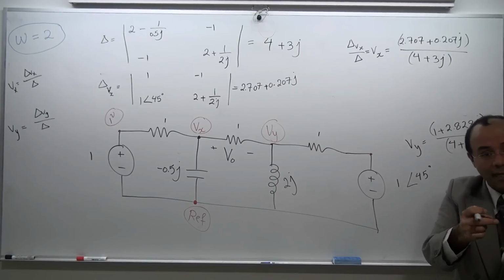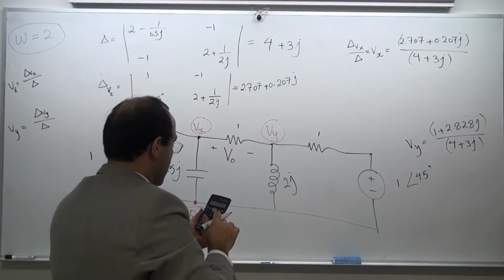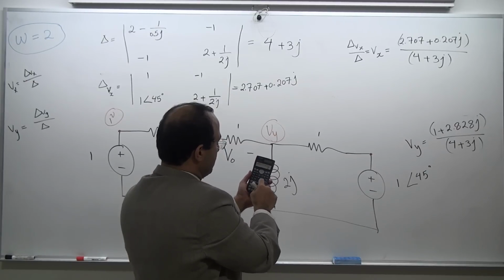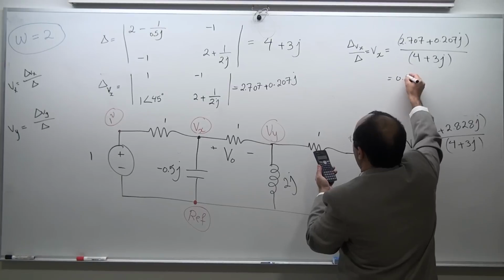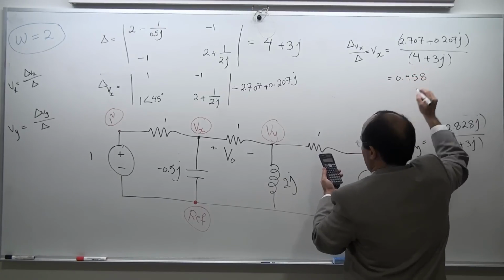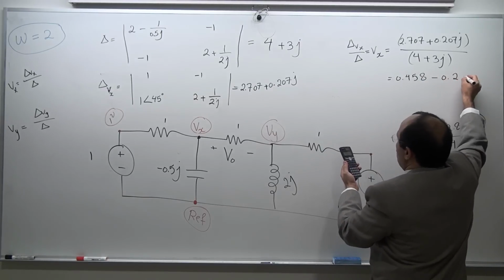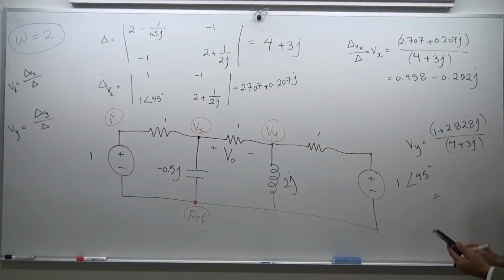You need to make sure on the calculator you don't forget the brackets, otherwise you're going to be in deep trouble. So it's going to be 4 plus 3j. So this one is going to be 0.458, the real part, and it's going to be minus 0.292j.